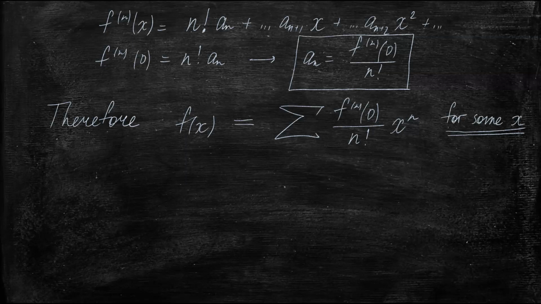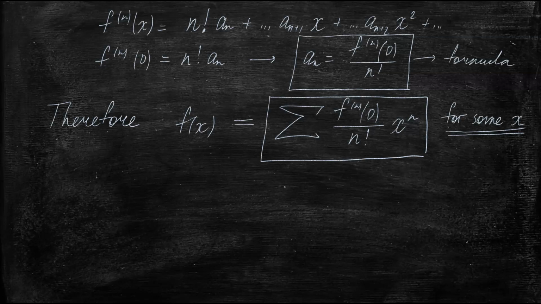So again, here we're not going to be concerned with the interval of convergence for a moment, but what we have created has a name. This particular series was created using this particular formula, and the series created from some original function f of x in this particular way is called a Maclaurin series.